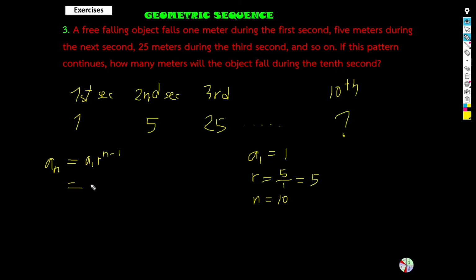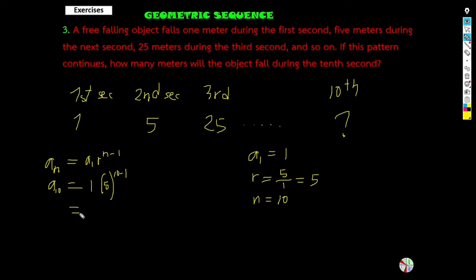This will be A sub 10, the number of meters the object will fall during the 10th second. So A sub 10 is equal to 1 multiplied by 5 to the power of 10 minus 1.